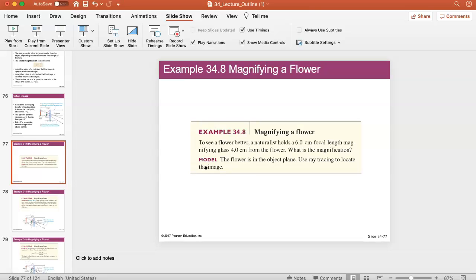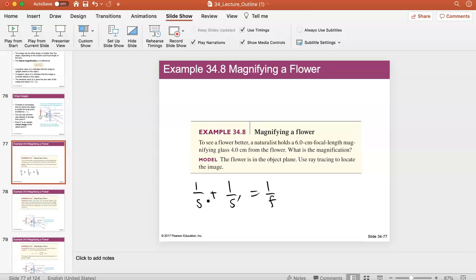Okay, so the equation I should use is the same equation, the thin lens equation. So we have 1 over s plus 1 over s prime is 1 over f.